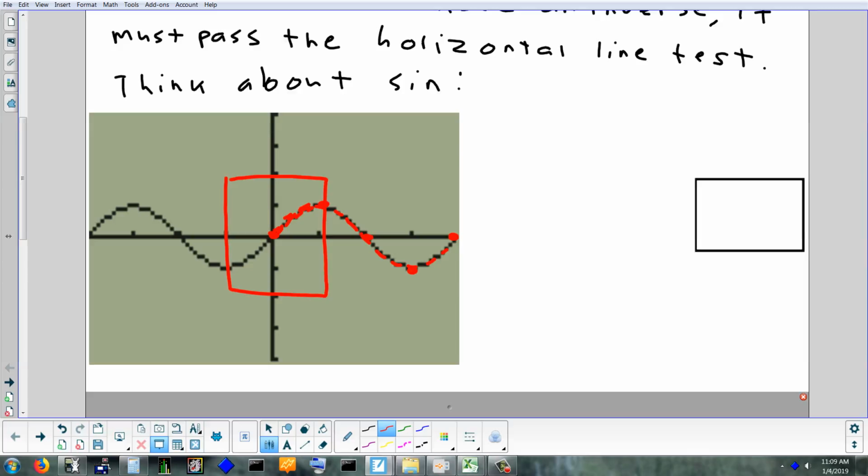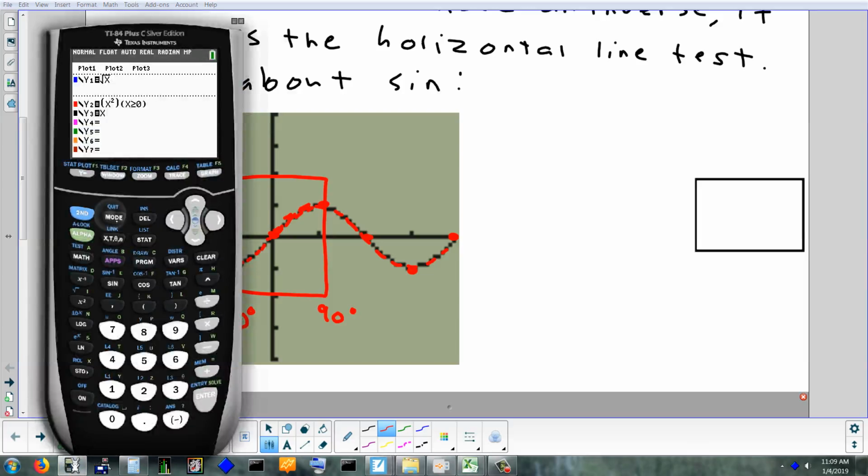90. So when we talk about inverse sine, we're going to focus from positive 90 to negative 90, which is also a quarter of the way through the cycle. So anytime you do inverse sine on the calculator, in degrees, no matter what you type in, if you're dealing with radians, it'd be pi over 2 and negative pi over 2.